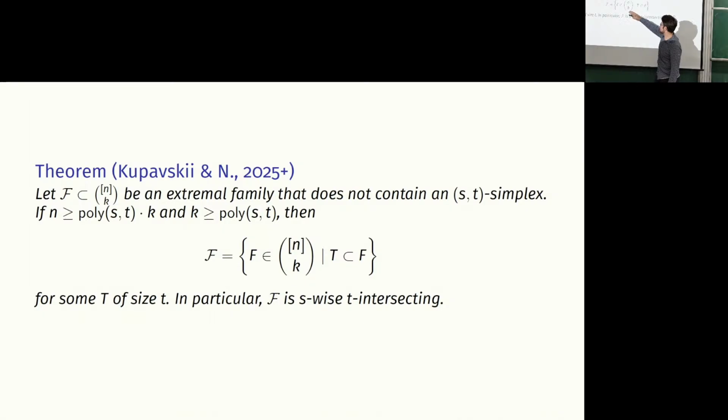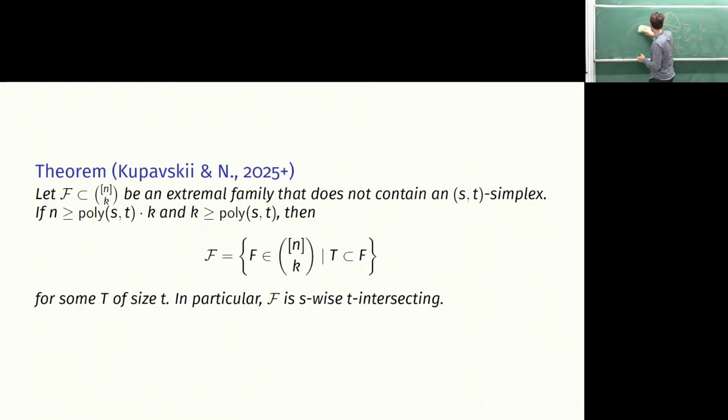So all its sets contain some fixed set T of size exactly T. And what I would like to highlight is that F is not just T-intersecting trivially, but it is S-wise T-intersecting, I mean forbidden.